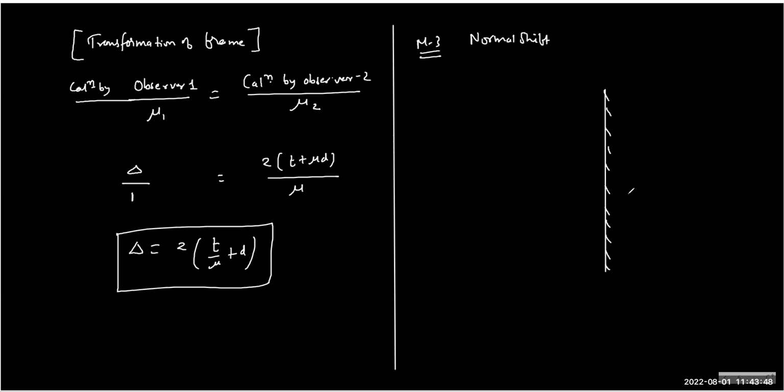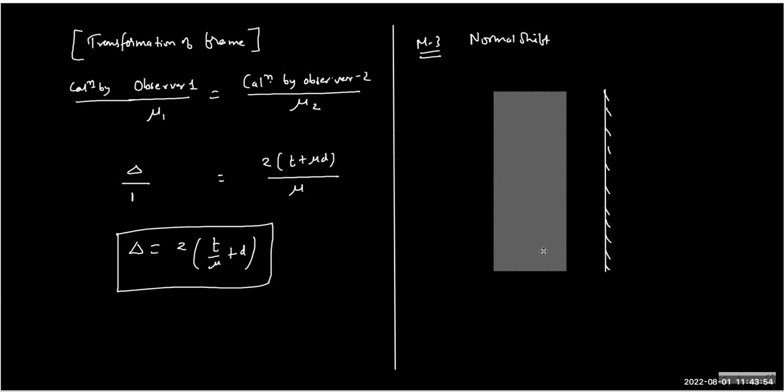We can think of it as silvering of the slab, a combination of slab and mirror, right? And then we have an object here at a distance d. Thickness t.